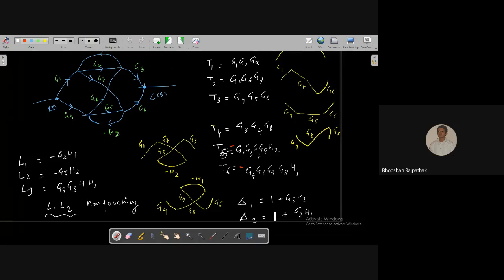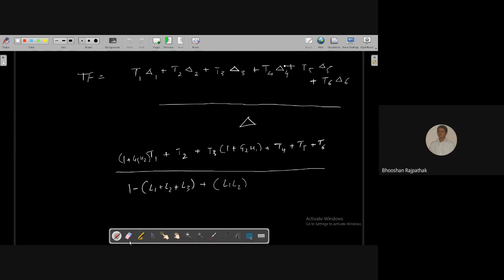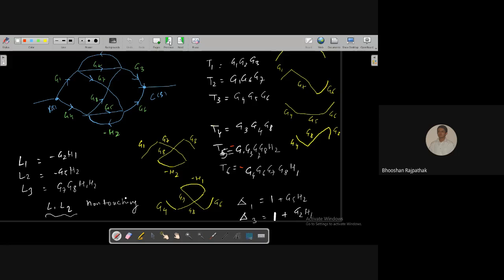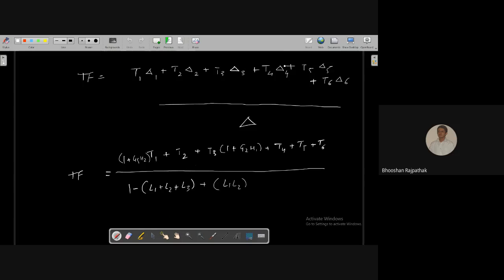Okay, so L1, L2 are the non-touching loops and total loops are L1, L2, L3. So that's our TF. Now the only thing is we need to substitute this L1, L2, L3 and T1 to T6. So that I am not doing to save the time. You can substitute these values of T1 to T6, L1, L2, L3, and that will be the final transfer function.